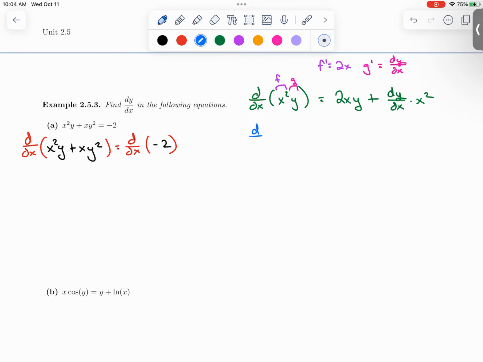And then similarly, the derivative of xy squared. This will be your f, and this will be your g. So f prime would just be 1 and g prime would be 2y dy dx.